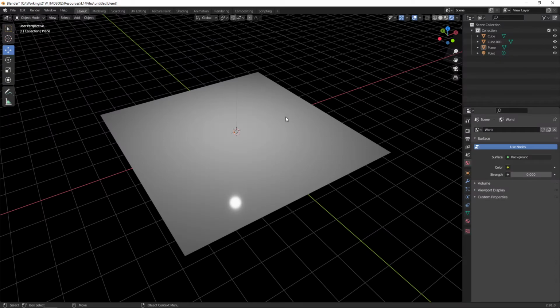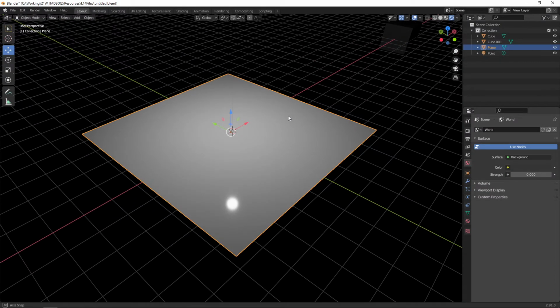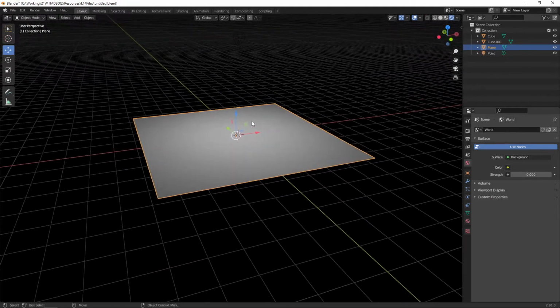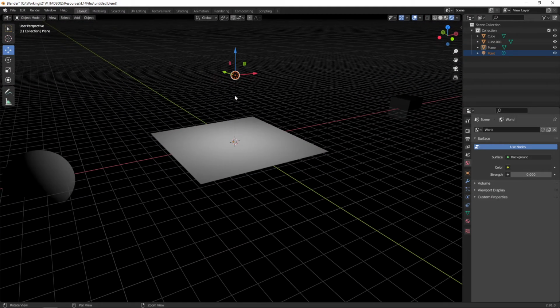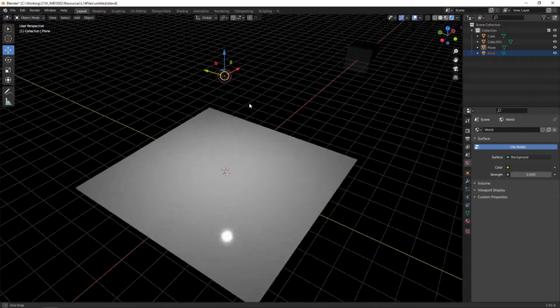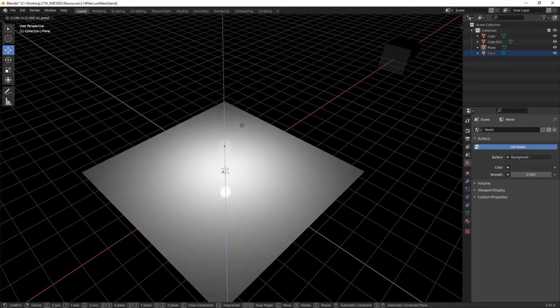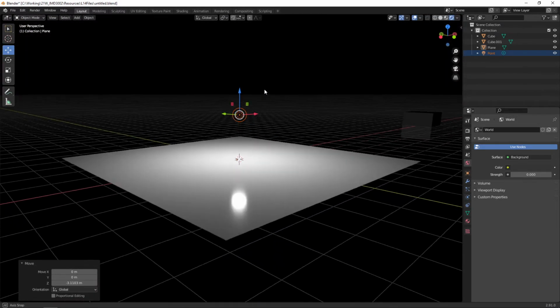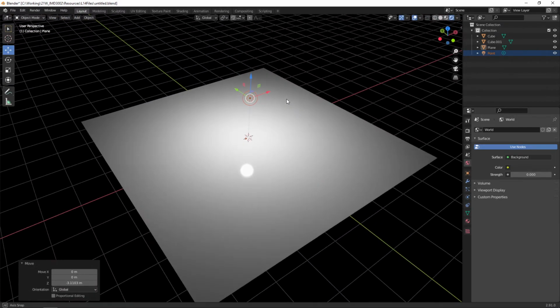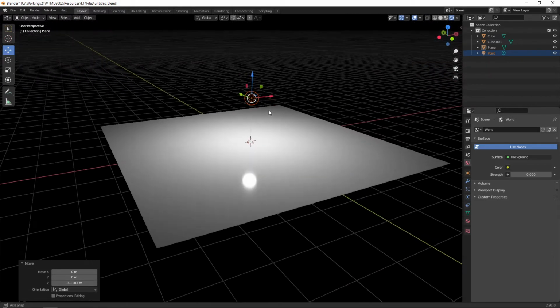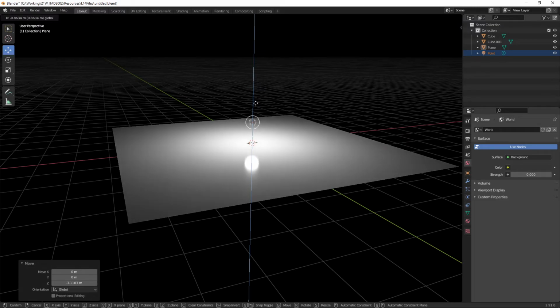So back in Blender here, we've got a plane where we can see a nice specular highlight coming from this light source, again positioned directly above the surface. And actually, we can move that light source down considerably and just notice the fact that there definitely is diffuse lighting on this surface. It is centered.